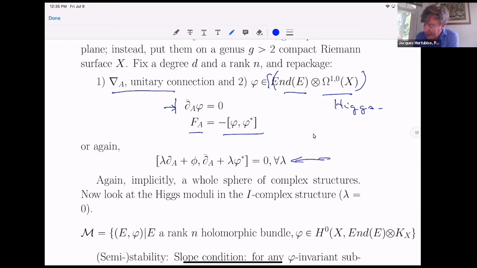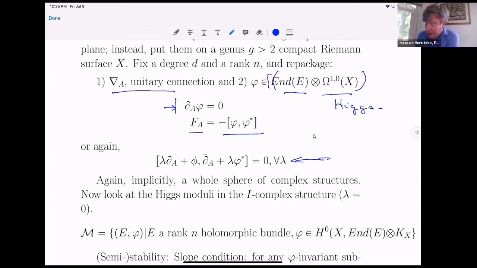The statement is that these 2 operators, lambda d_A plus phi and d-bar_A plus lambda phi star, commute for all lambda. So you basically have a whole complex plane, but essentially in the end a whole sphere of complex structures implicit in these equations.